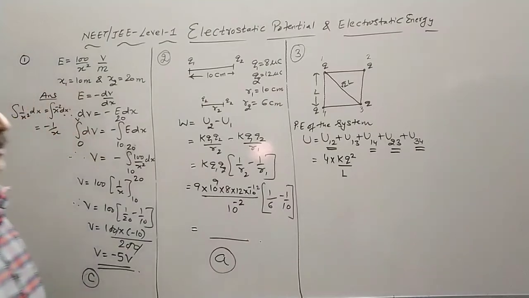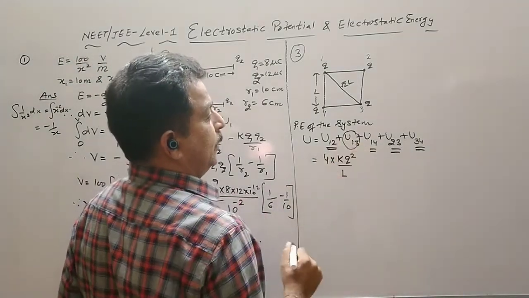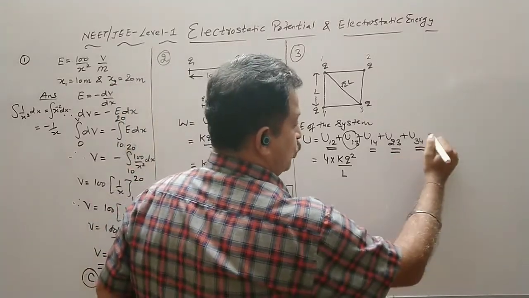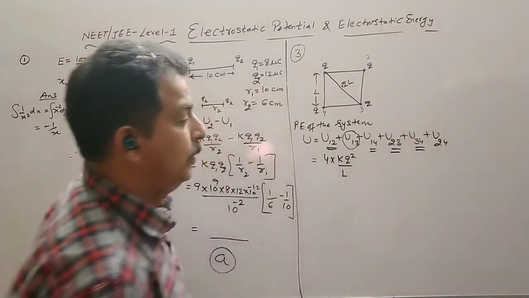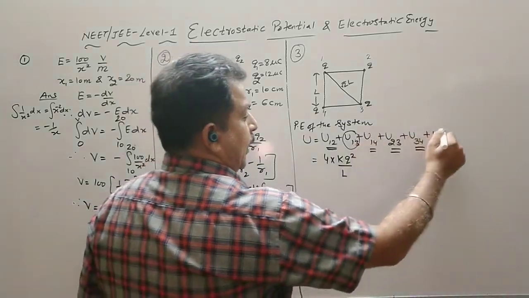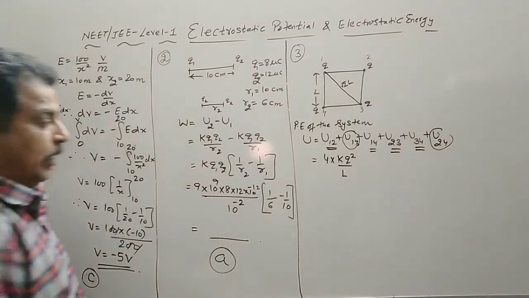Now we have the pairs 1-3 and 2-4, which are the diagonals and have the same value.